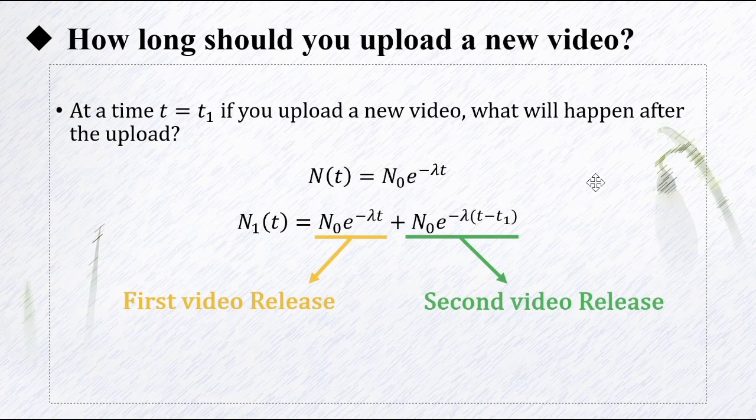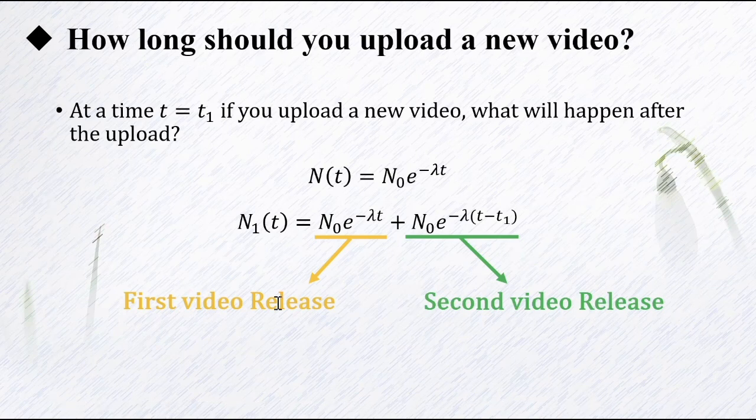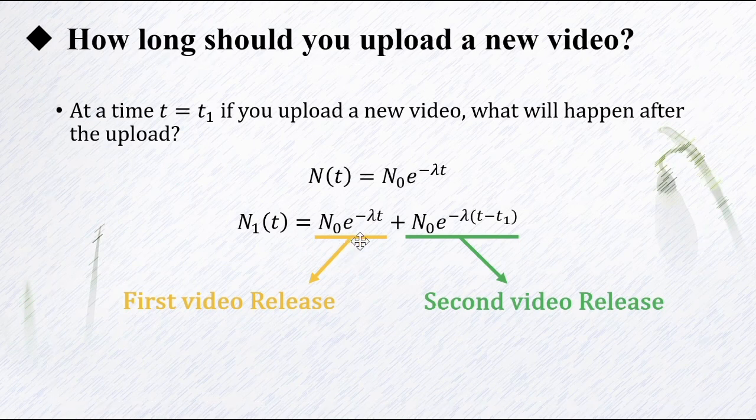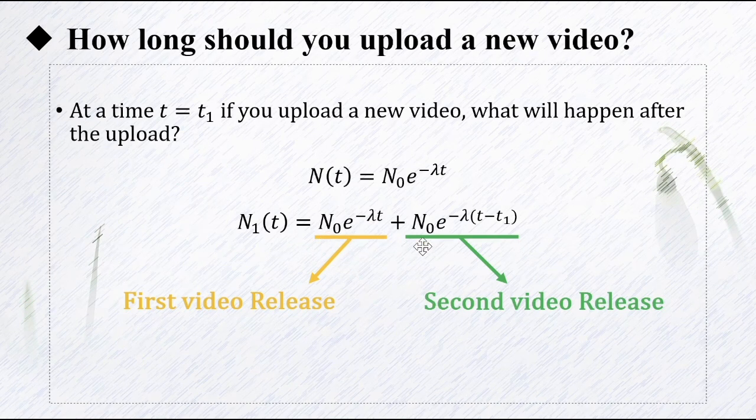But right after you upload the second video at time t1, the total attention becomes the second formula in this slide. This means your audience attention is now the sum of the two decaying attention curves. The first term still represents the old video, while the second term represents the new one starting fresh from time t1.